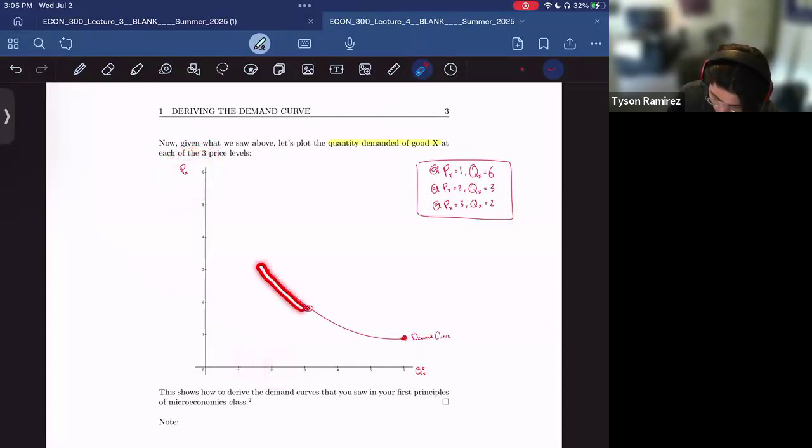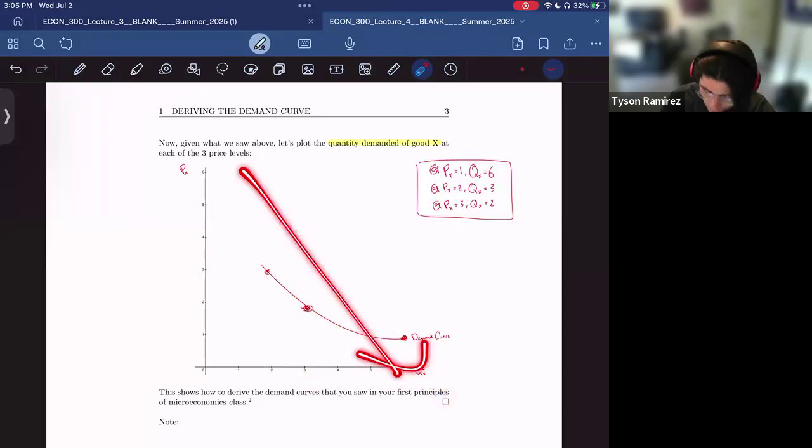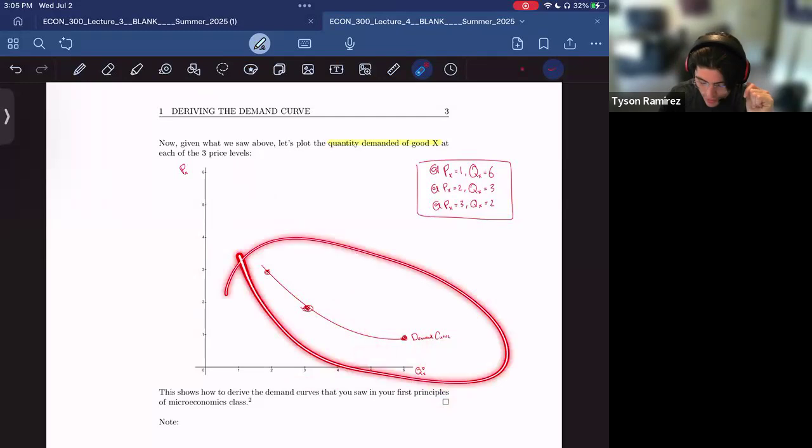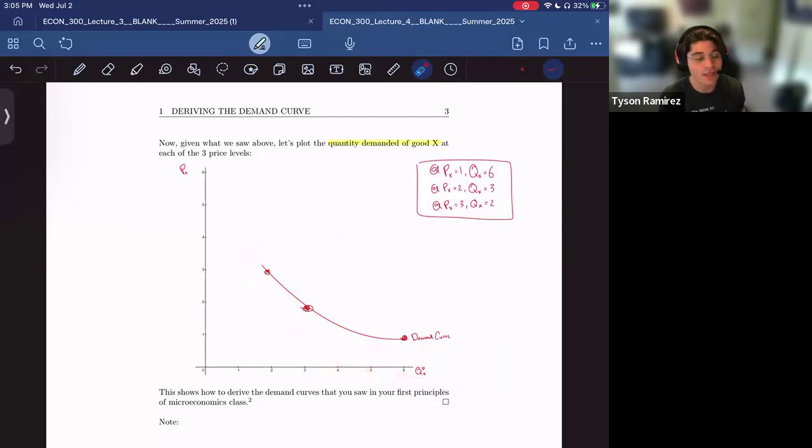As the price goes down, the quantity demanded goes up. This is the downward sloping demand curve, and this is exactly where it comes from. The downward sloping demand curve comes exactly from the constrained consumer's problem, the utility maximization problem. This is where those demand curves came from.